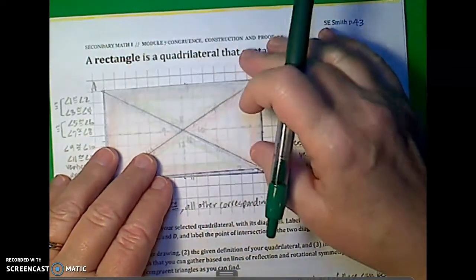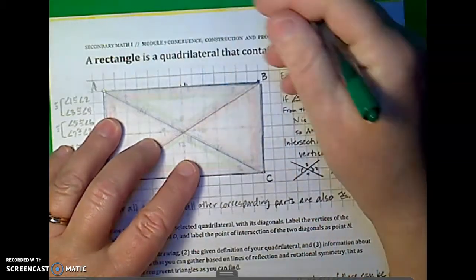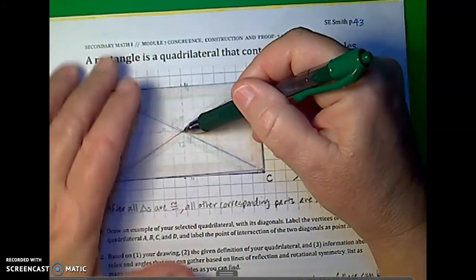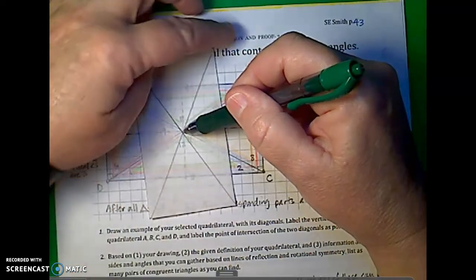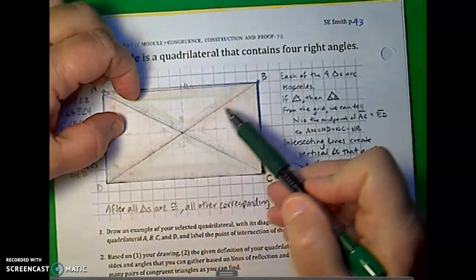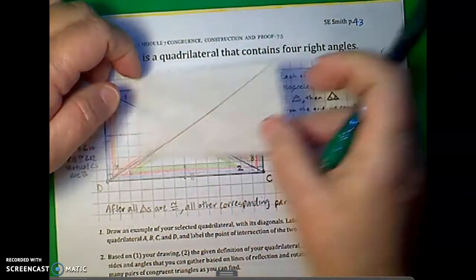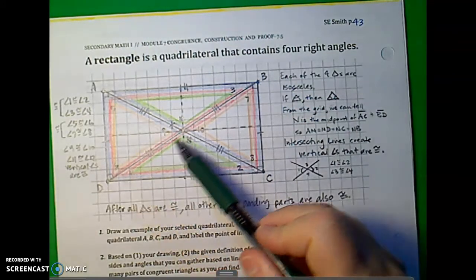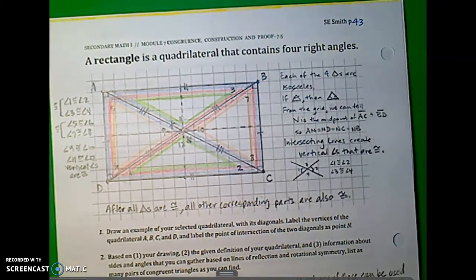Now you can use your patty paper to actually show this. Take a look at this, the diagonal AC. If you rotate this rectangle, that diagonal AC sits in the same exact place as the diagonal DB, so that kind of proves with rotational symmetry that the diagonals are congruent to each other.